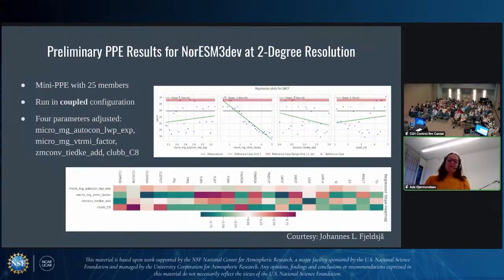So we want to do this in fully coupled configuration, but using the 2 degree version. This is just a start with 4 parameters: 2 from the microphysics, 1 from the convection, and 1 CLUBB parameter.